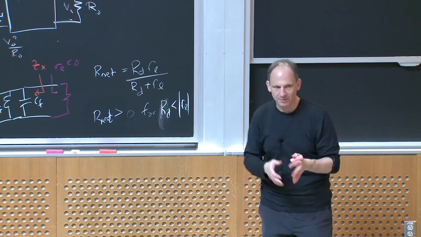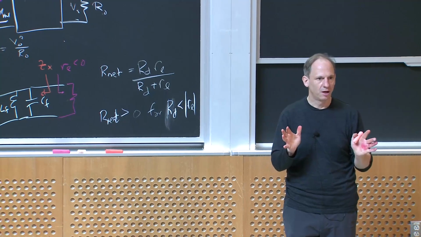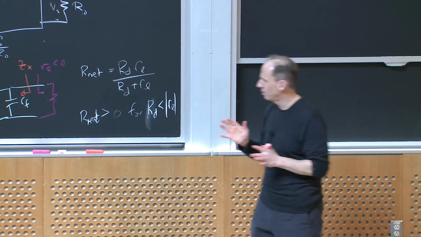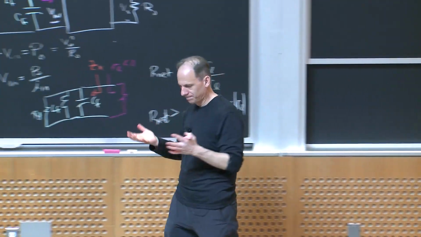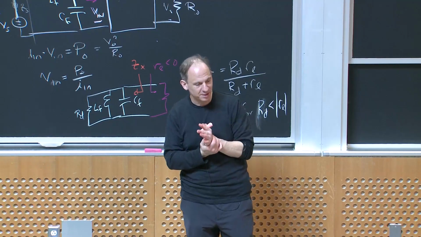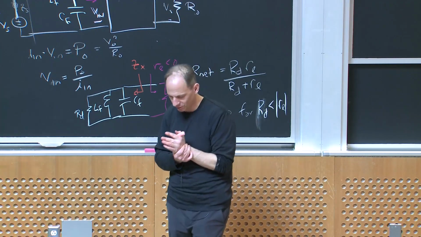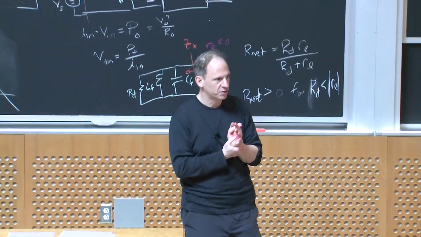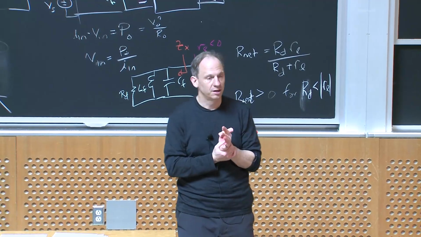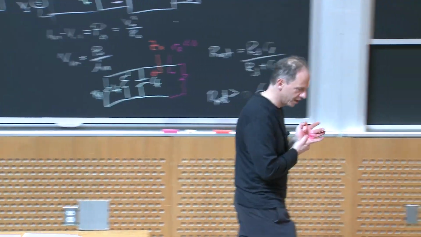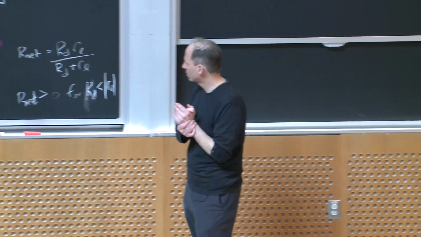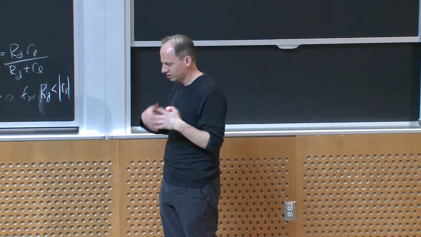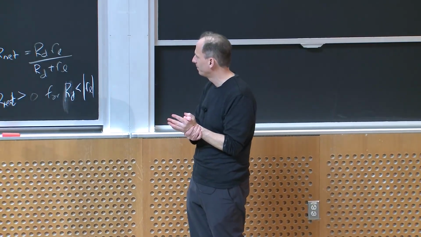And I'm not going to prove this to you, but there's some very clever analysis. People have shown this, in particular, Erickson and Maksimovic at University of Colorado Boulder did some very nice analysis of this. A sufficient condition is the following.